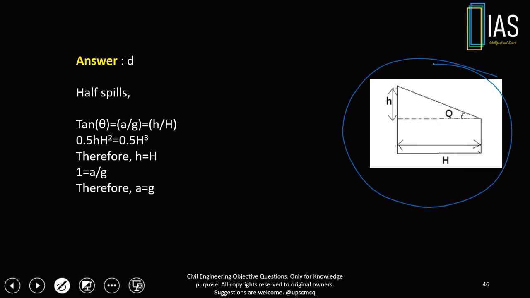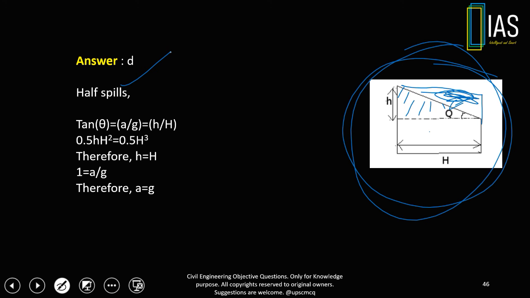So this is the water, hence this is the water displaced if we assume that this is the container. Therefore half of the water spills. Tan theta is equal to A by G, which can be observed as h by H also. A is the acceleration and G is the acceleration due to gravity.